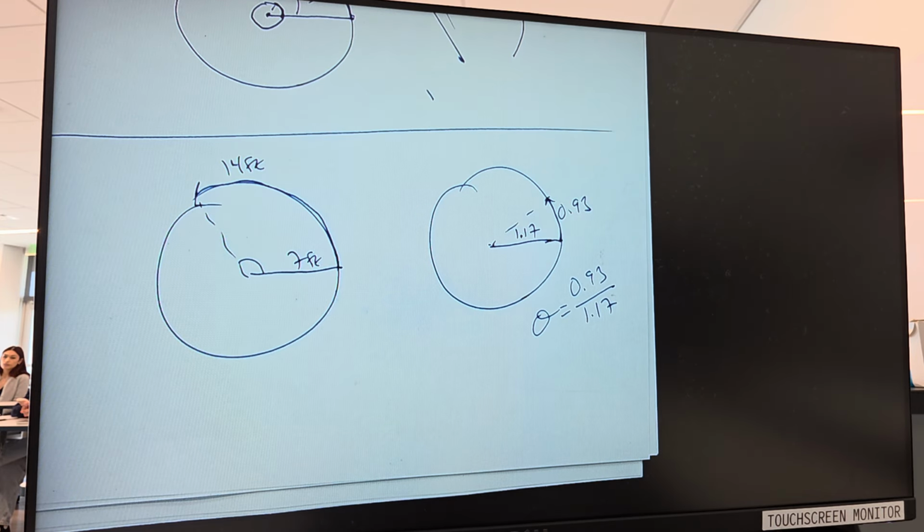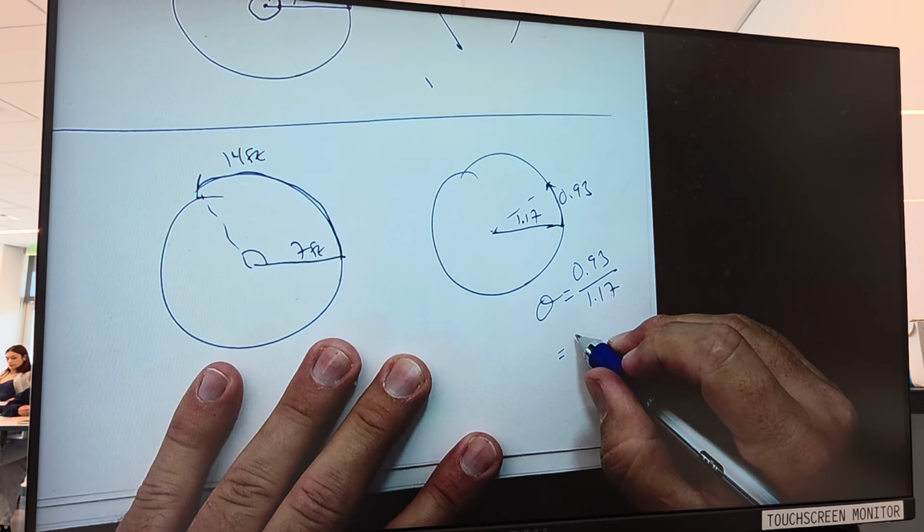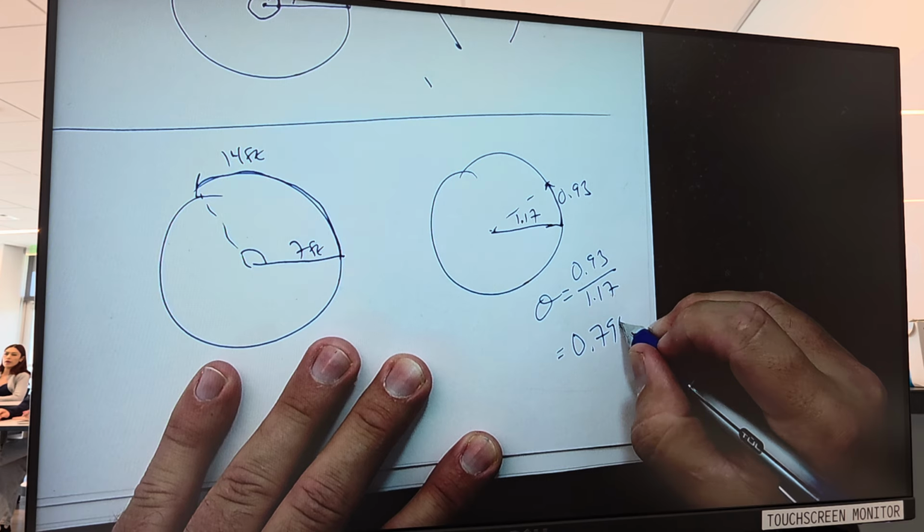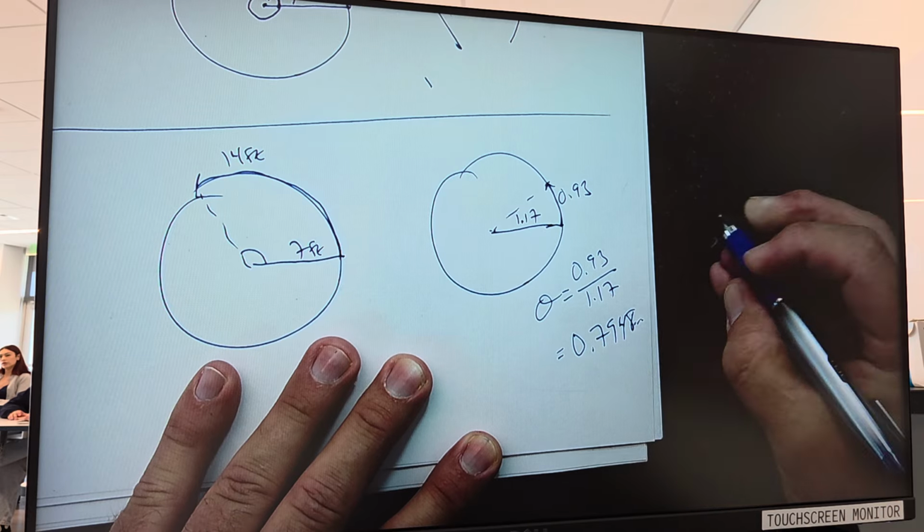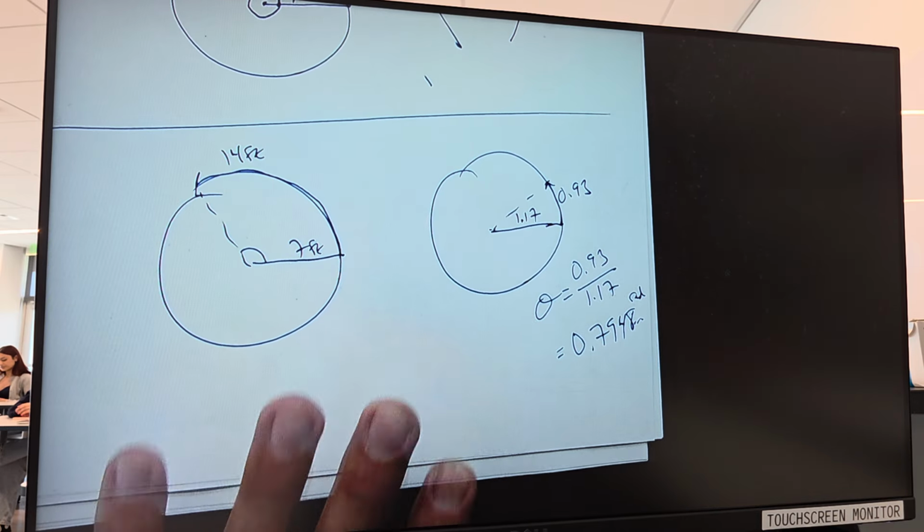And of course, did I go a full radius worth of distance? I didn't go 1.17, so I expect my answer is going to be less than 1 full radian. I went less than 1 full radius. Tell me again. It was 0.79487, blah, blah, blah. Yeah, radians.